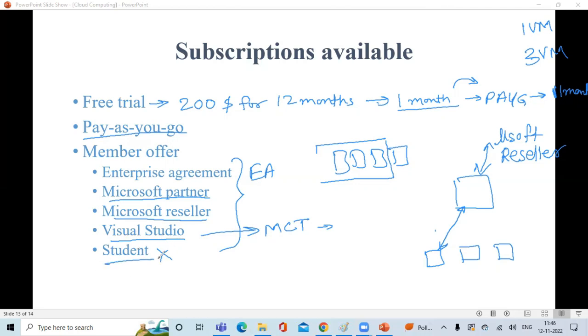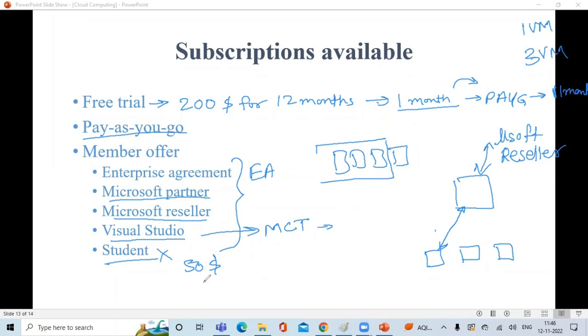Student. Student subscription means what? Like an enterprise agreement, some of the colleges or some of the institutes are already having a connection or an agreement with Microsoft. Now, if you are a student of that particular institute, you will get a benefit of $50 per month, right?